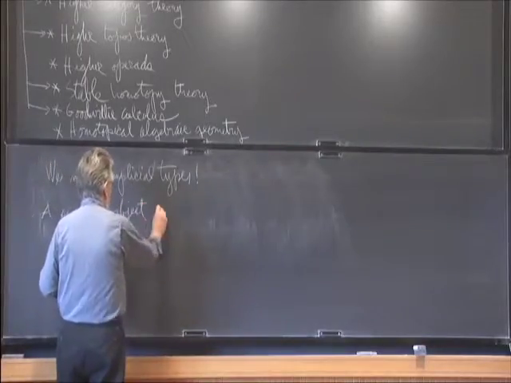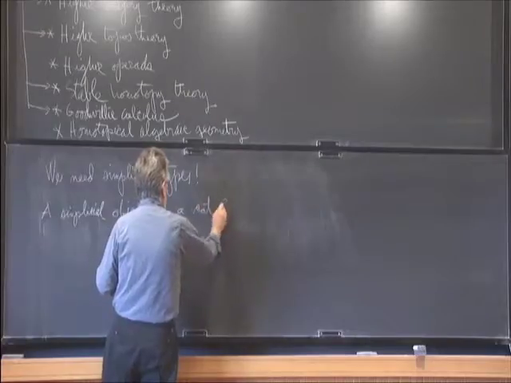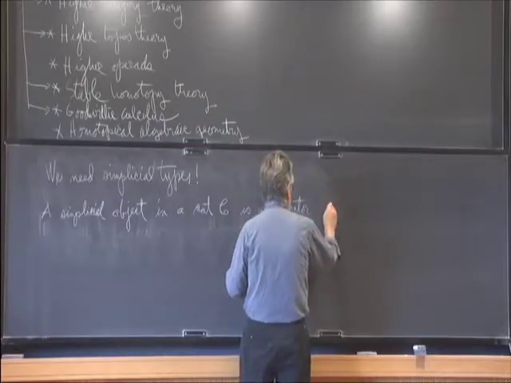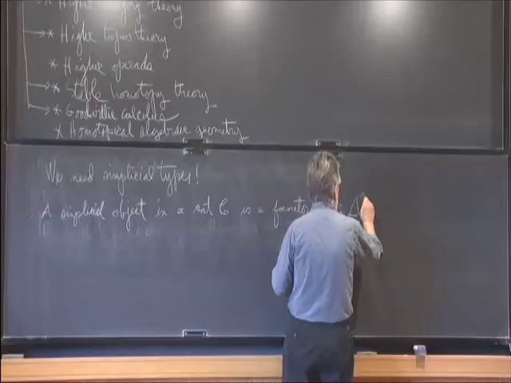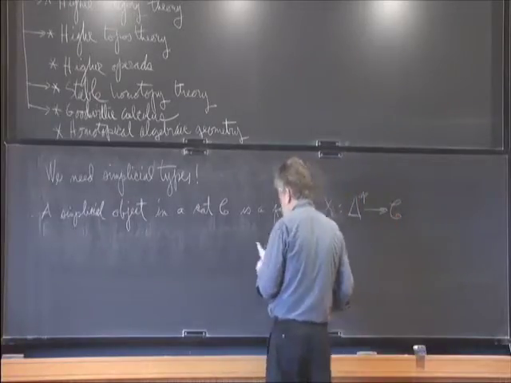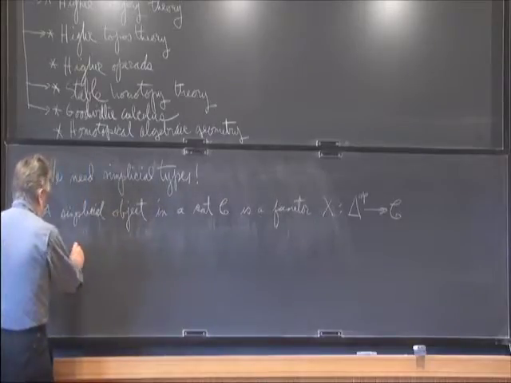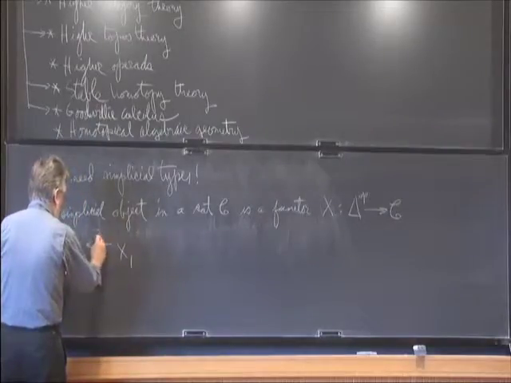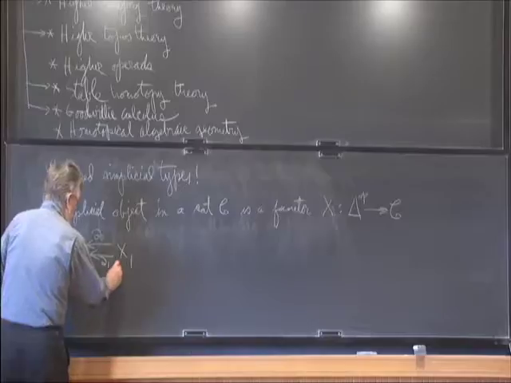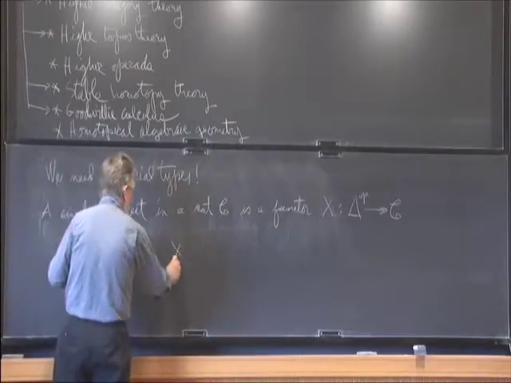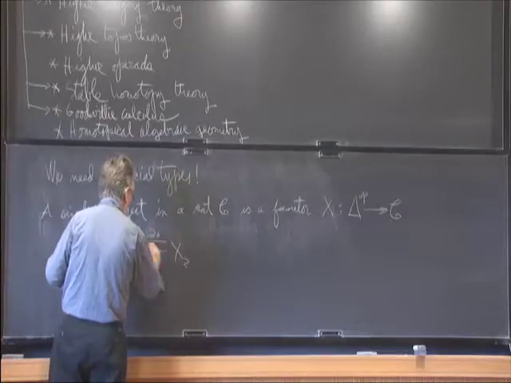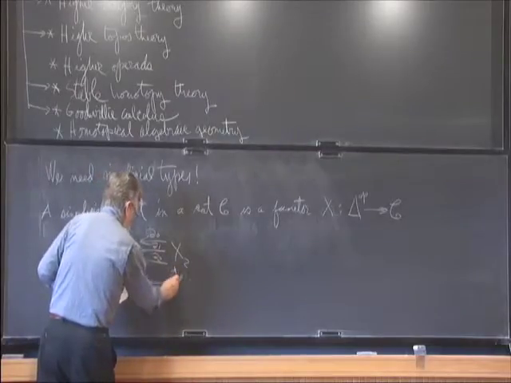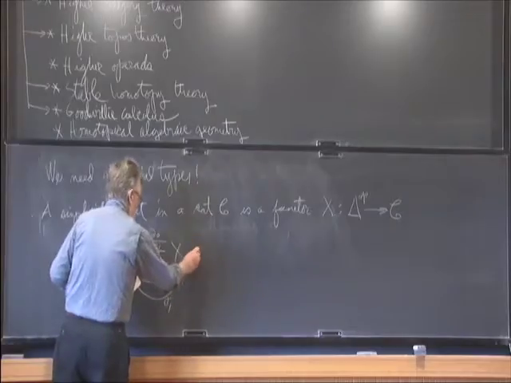in a category C is a functor, let's say X, from Delta, contravariant functors on the category Delta, to the category C. Just to fix the notation, I'm going to use delta 0, delta 1, and sigma 0 for the operators.